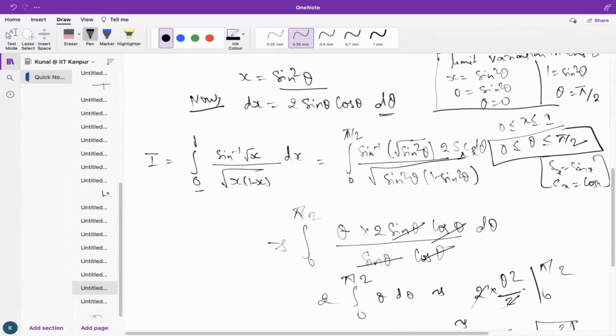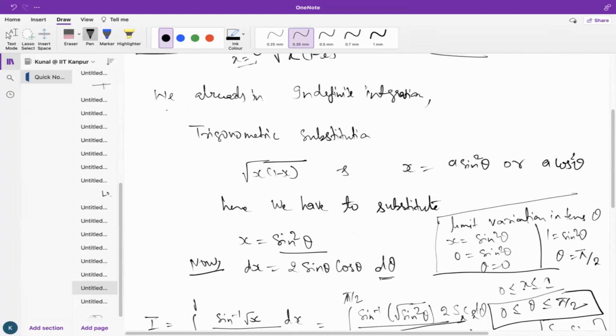And what we manipulate here, we actually use the indefinite integration trigonometric substitution part, which we already read in indefinite integration. We just use the standard trigonometric substitution here.